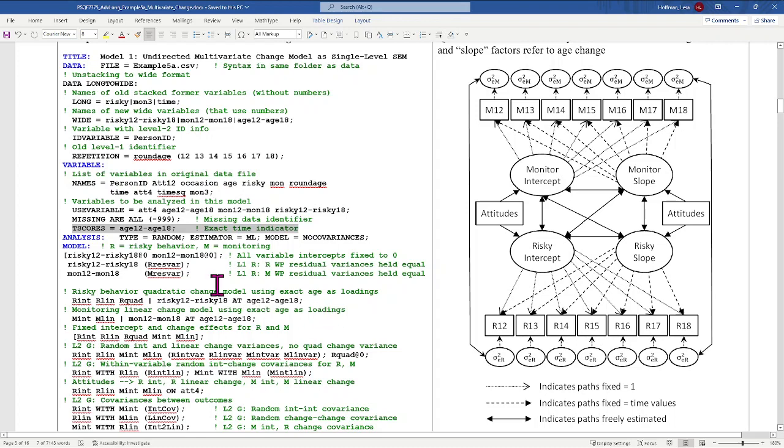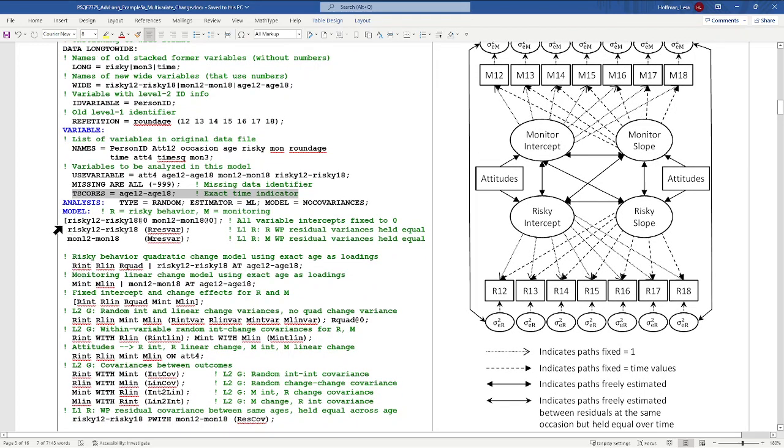The idea is that it's going to take these columns of ages and apply them as individually varying factor loadings for the risky behavior change over time and the monitoring change over time. So rather than saying that these loadings have to be integers that reflect how much time has passed, they are individually varying values that allow each child to have their own time occasions, whatever they happen to be measured at.